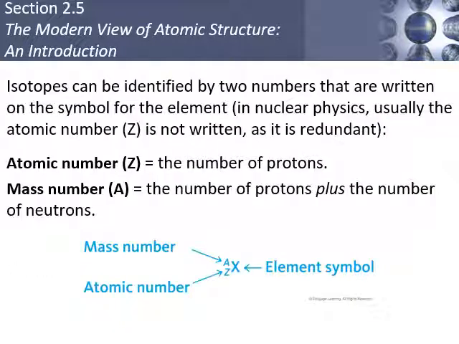Next slide. So when we write these symbols, this is the way they are in the charts. Sometimes charts, for whatever reason, will invert the A and the Z number. The Z number is the number of protons, so that's what makes whatever it is what it is. Carbon would be 6, so the Z number for carbon would be 6.